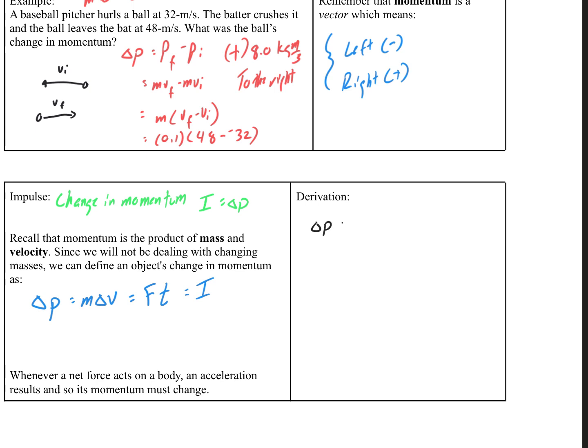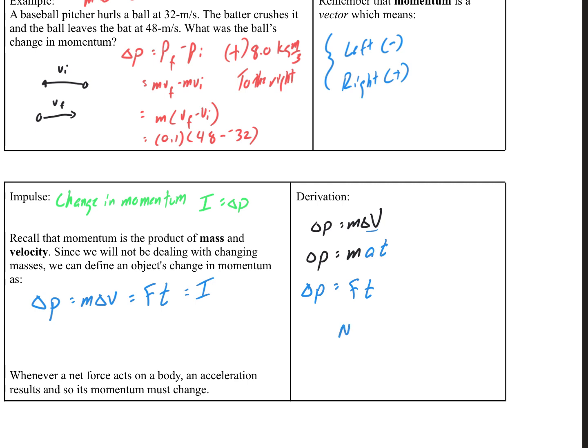Delta P is equal to m delta V. Well, delta V can be written as an acceleration times time. Now I can substitute that mass times acceleration. Well, it becomes force, and time remains.